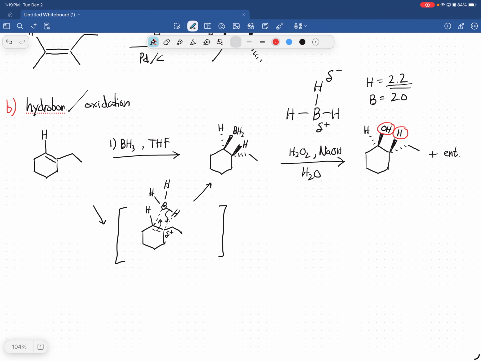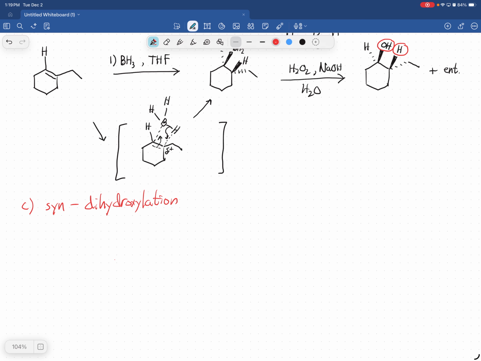Okay, so there's another one that involves a certain metal here. So we're going to do syn dihydroxylation. Does anyone remember what this one does? So we take an alkene, and then what do we add to it? Say again? 2 alcohols, yes.